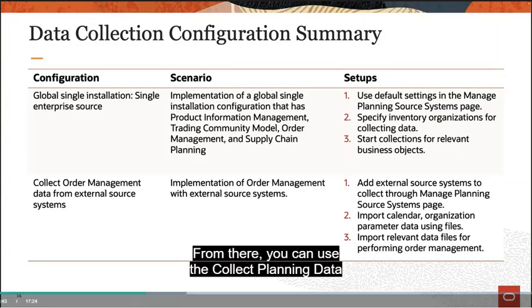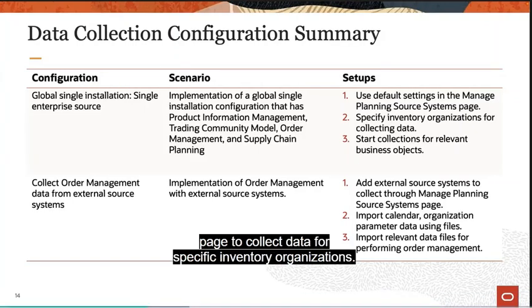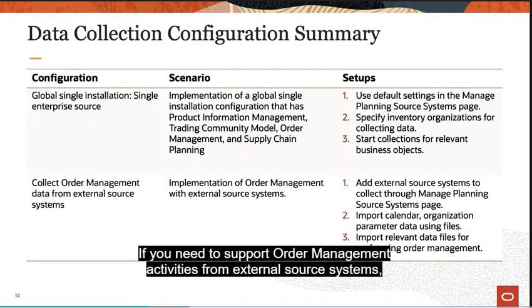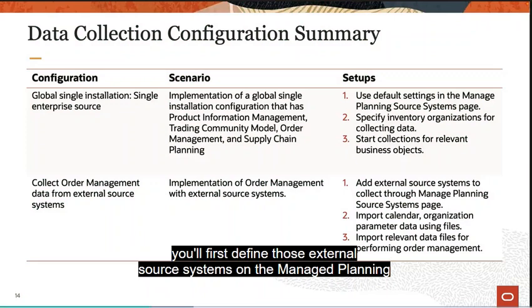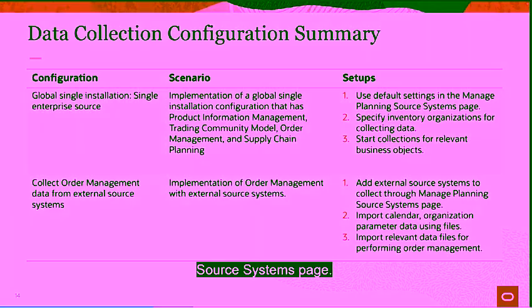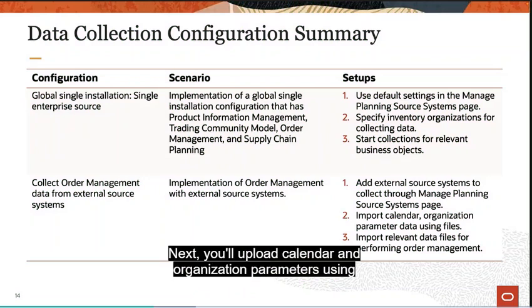From there, you can use the Collect Planning Data page to collect data for specific inventory organizations. If you need to support order management activities from external source systems, you'll first define those external source systems on the Manage Planning Source Systems page.